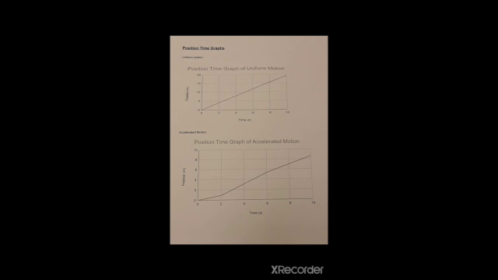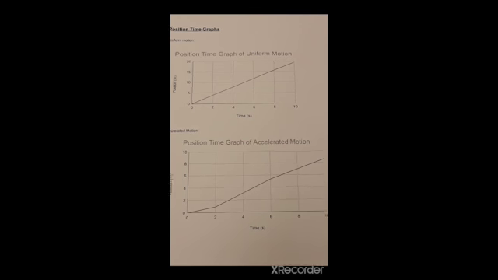Now, normally when you look at a position time graph for accelerated motion, you would see a nice J shape with a nice curve going almost straight up. However, we don't have this in our scenario.